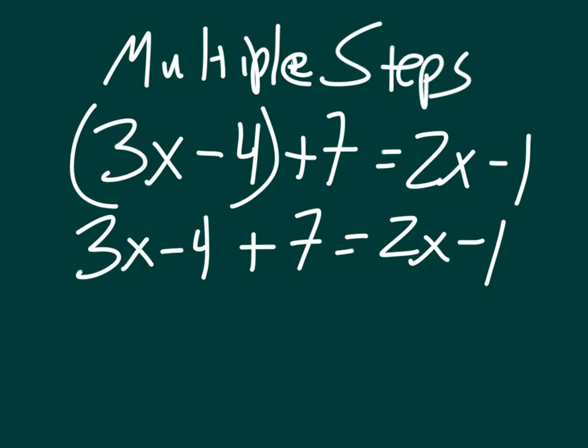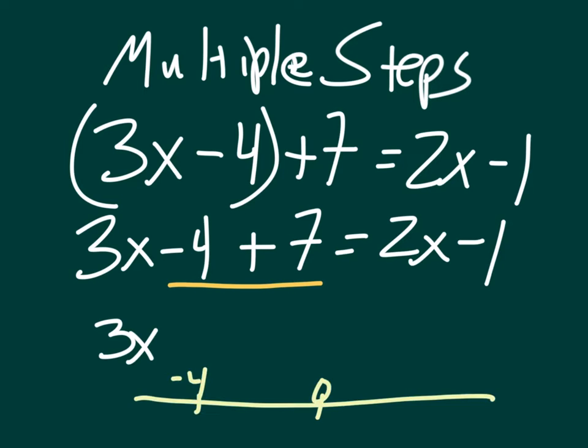So over here on the left-hand side, I've got these two values that both are dealing with just straight numeric values. So I have -4 plus 7. I can combine those two because they're similar types of numbers. So I'd have 3x, and then -4 plus 7. If you think of your number line, I'm starting at -4, and I'm going up 7: 1, 2, 3, 4, 5, 6, 7.